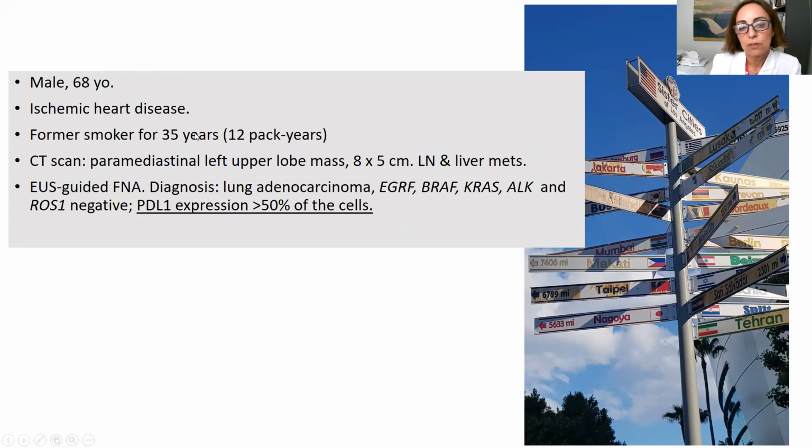He is a former smoker for 35 years, and in the study of his heart disease, they performed a CT scan and discovered a paramediastinal left upper lobe mass, very big, already 8 by 5 centimeters, with lymph nodes and liver mets. We performed an EUS-guided fine needle aspiration, and the diagnosis was lung adenocarcinoma, EGFR, BRAF, KRAS, ALK, and ROS negative.